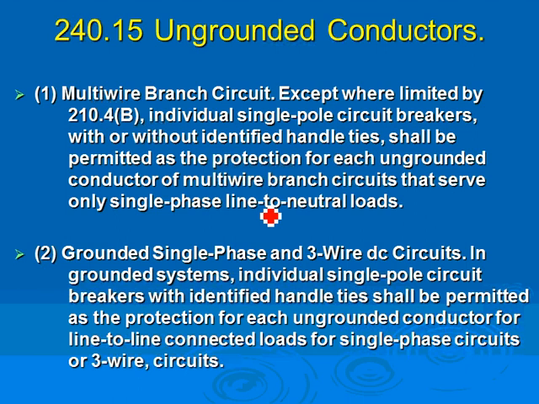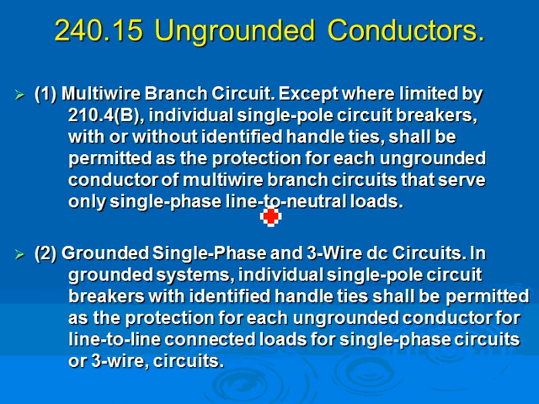So grounded single phase and 3 phase. Where would you use single pole circuit breakers tied together with an approved handle? Well, you use them in 240/120, easy, right? Single line to neutral load. If you have 240/120 or 208/120, line to neutral load, like lighting loads, receptacle loads.